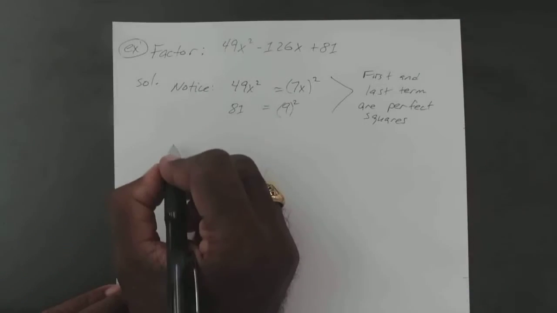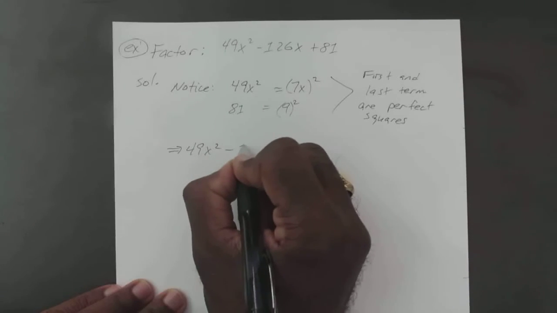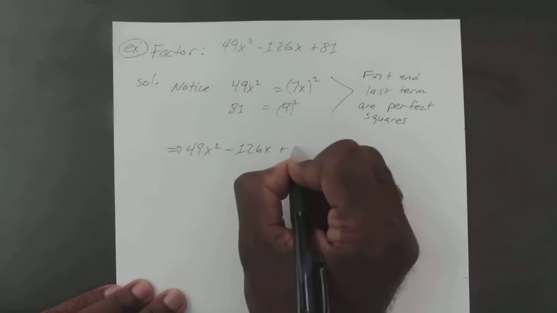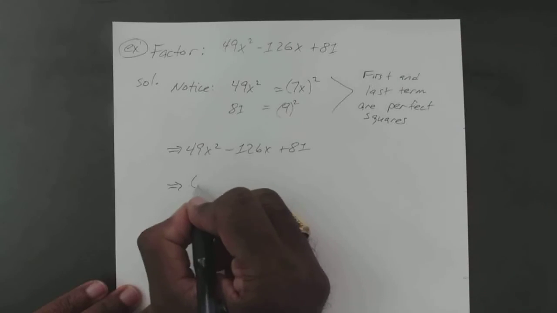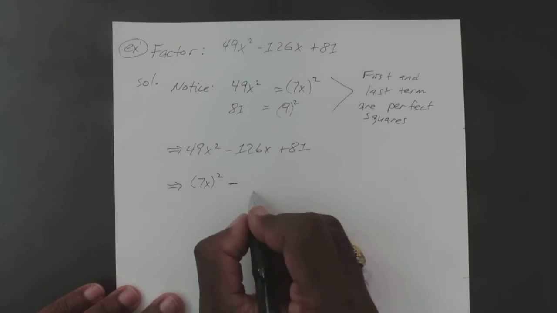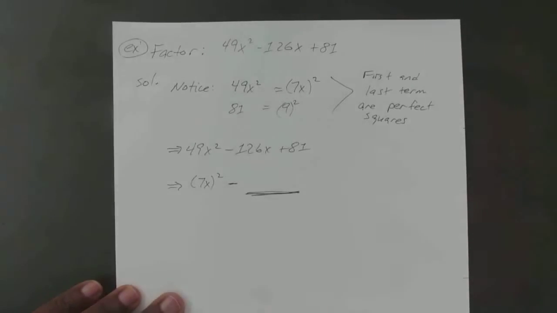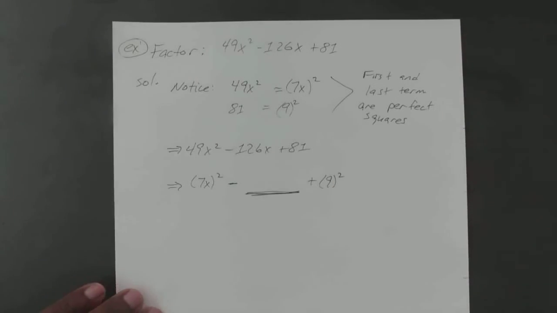Okay, so we just go ahead and rewrite it. So 49x squared minus 126x plus 81 will just become 7x squared. Again, we're going to temporarily ignore that middle one, plus 9 squared. Okay.